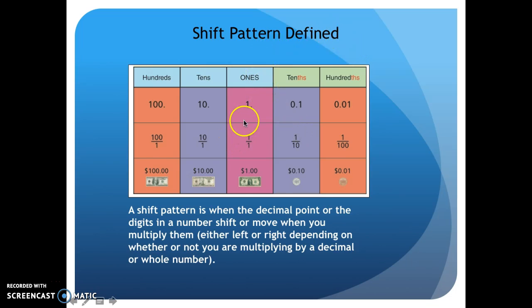Now, real quick, when you go from hundredths to tenths, one thing I do want you to understand is as you're moving this direction in place value, your number is actually getting 10 times larger.